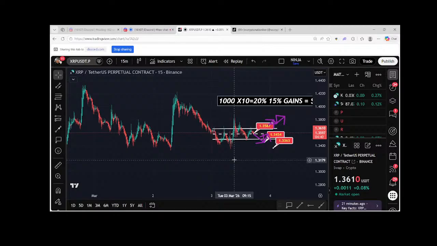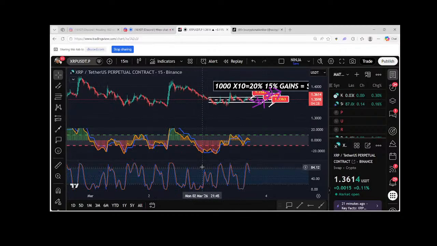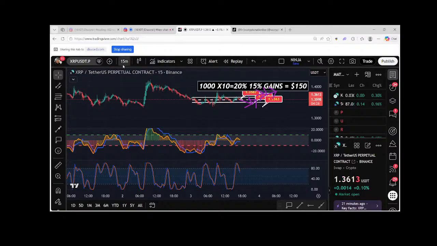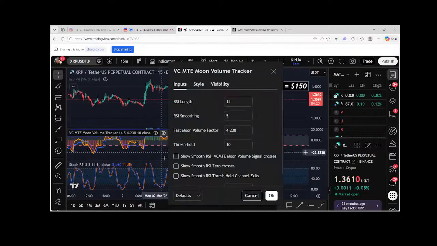And so I also look at the RSI, to see has it reset? And also using the moons to see, do we have a green moon? Do we have a blue moon?